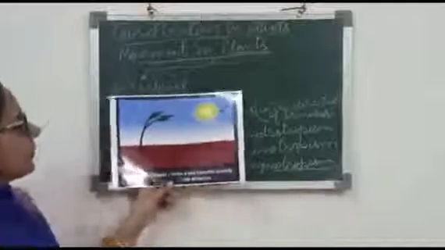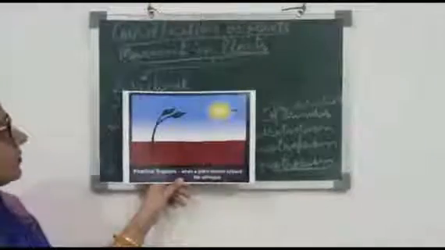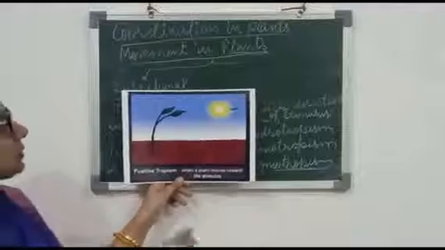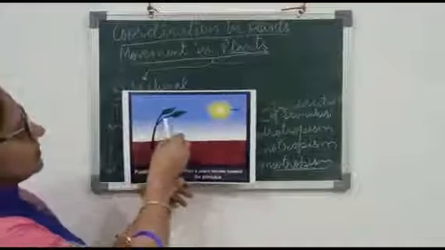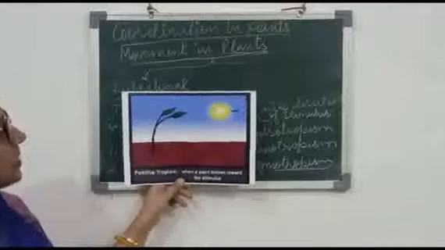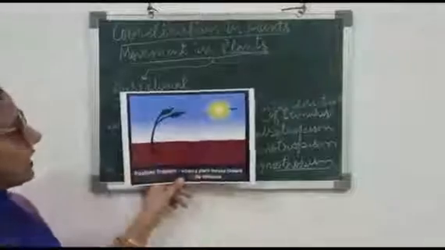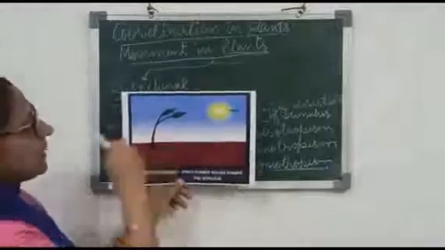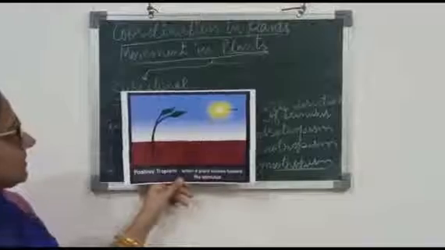Now first of all, we will study about phototropism. In this picture, what are you seeing? That stem part of the plant is bending towards the light. Here the light is the stimulus and the stem is bending towards the light.